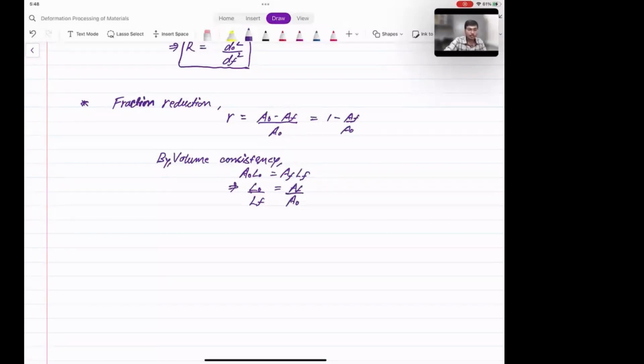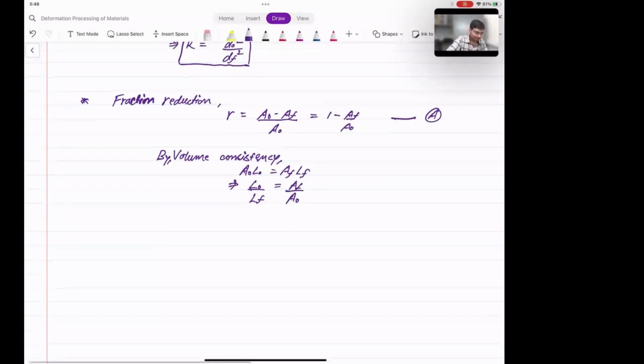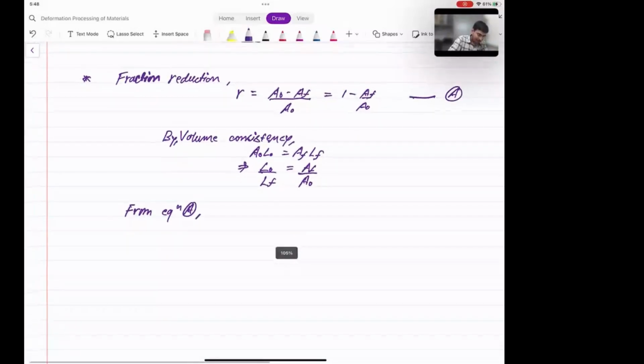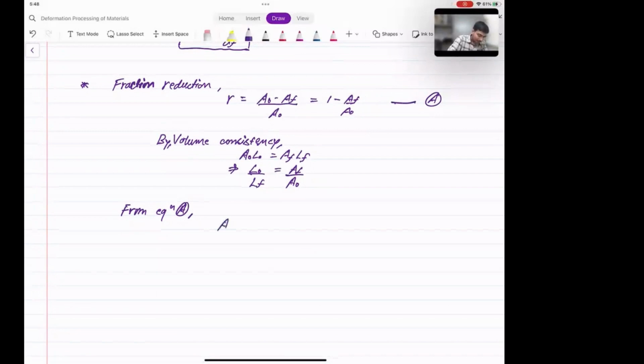So if we replace the terms in this equation, say this is equation A, and put the value of extrusion ratio, from equation A, AF over A naught will become 1 minus r, and if we take the reciprocal, then A naught over AF will be 1 over 1 minus r.